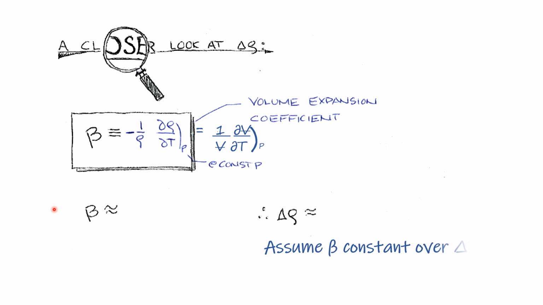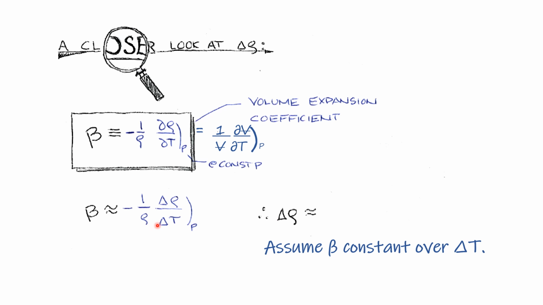Let us assume that beta is constant over the delta T range of interest. Okay, so densities aren't going to be constant, but we are going to assume that beta itself is constant. If that's true, then beta can be rewritten as approximately 1 over some standard density times delta rho over delta T rather than d rho dT.